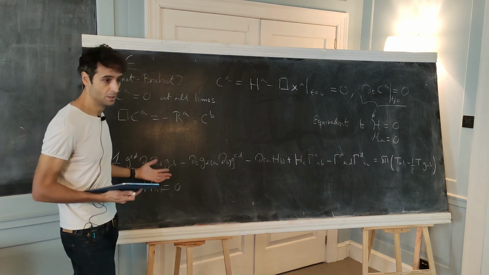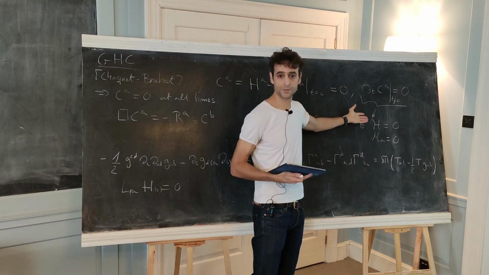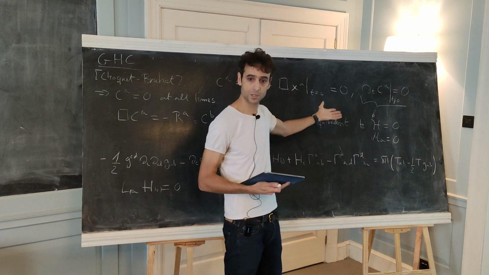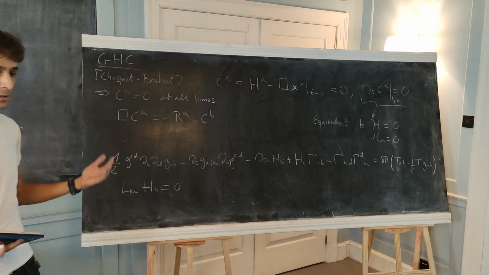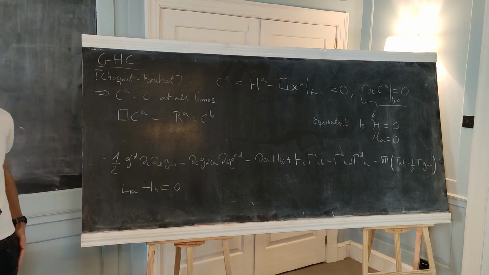And those are not free, so this fixes some of the time derivatives of the metric components. So not all time derivatives are free, just in the same way that in the ADM formulation, the induced metric and the extrinsic curvature are not completely free. They have to satisfy the constraints. So it's the same here.